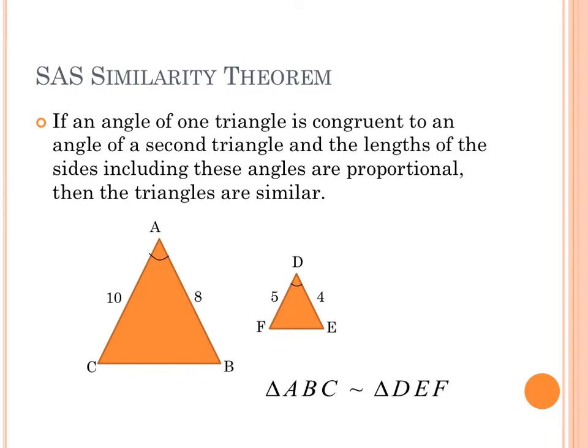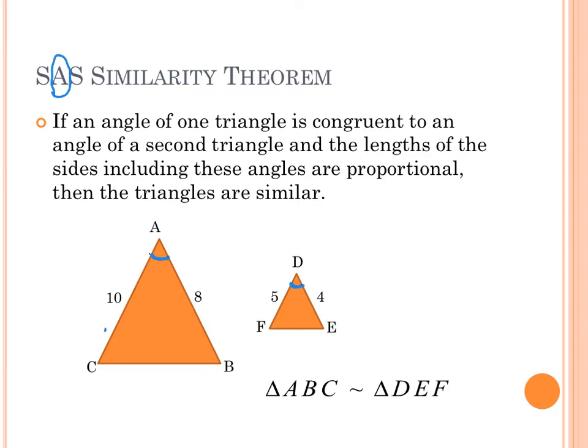If an angle of one triangle is congruent to an angle of a second triangle, and the lengths of the sides including these angles are proportional, then the triangles are similar. So the A that we're talking about in the SAS must be the angle that's in between the 2 proportional sides. It must be the included angle.